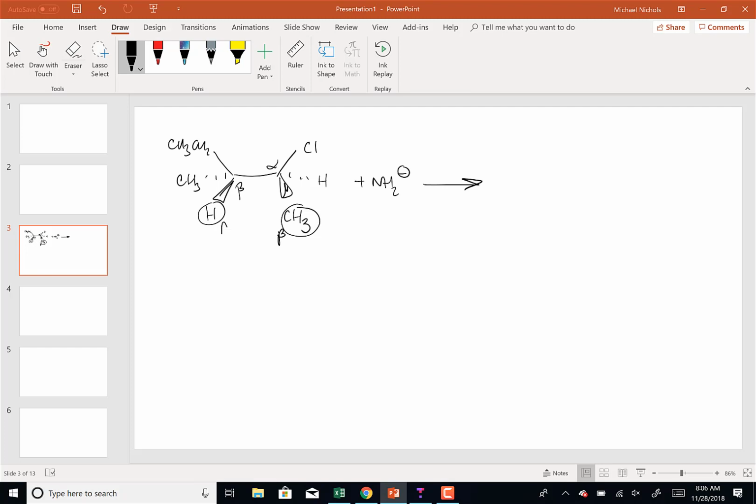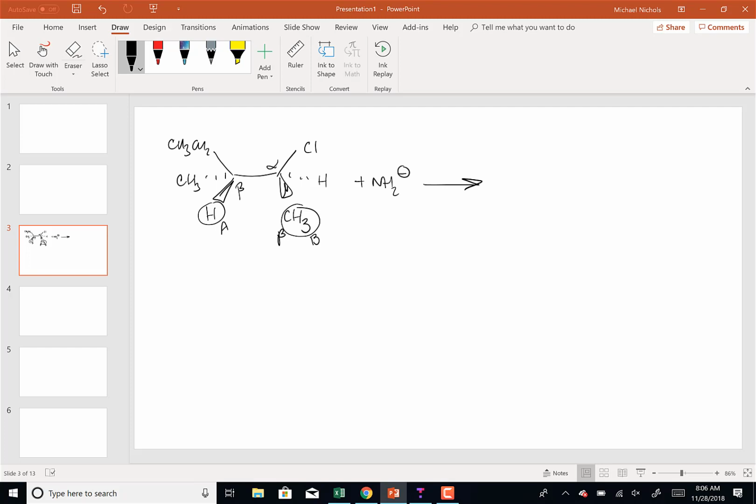So that means of beta hydrogen A and beta hydrogen B, which hydrogen is it going to remove? Melanie? A? We agreed that A would be the one that's removed? Okay.